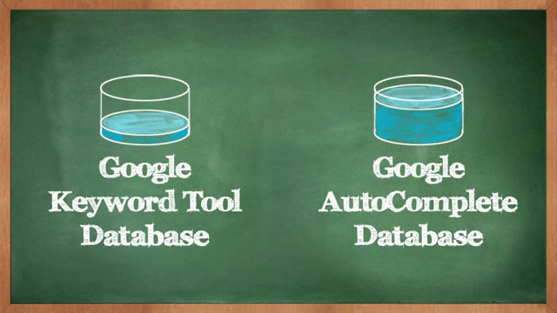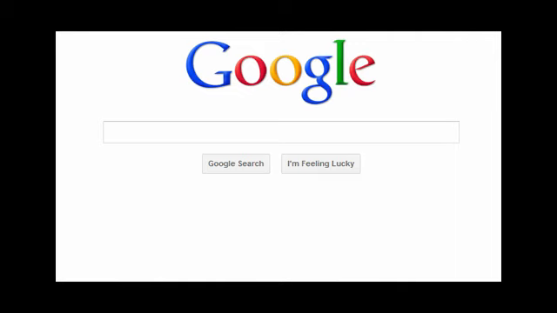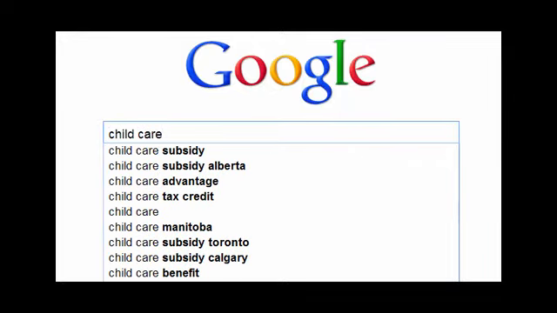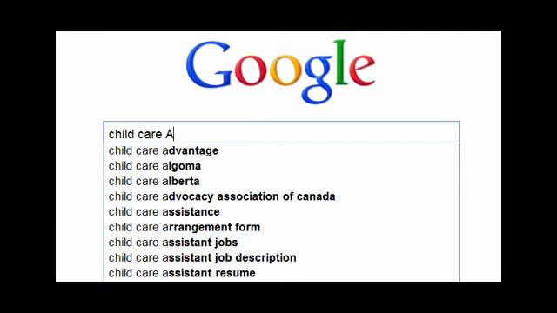The first is the infamous Google Keyword Tool, and I think we all should be pretty much familiar with that one by now. It's the good old AdWords keyword tool, but the second database is not discussed very often, the autocomplete database. This is the database that is being accessed whenever you start typing queries into google.com. And of course, this is the database that my software, Keyword Researcher, is talking to when you use it.